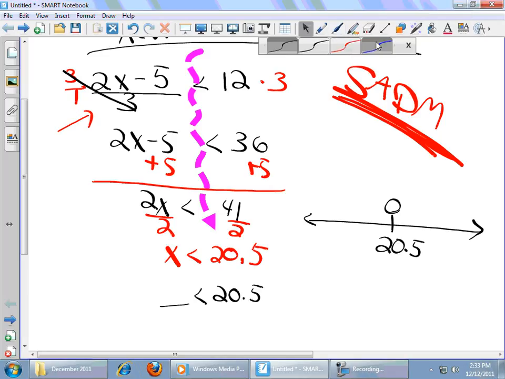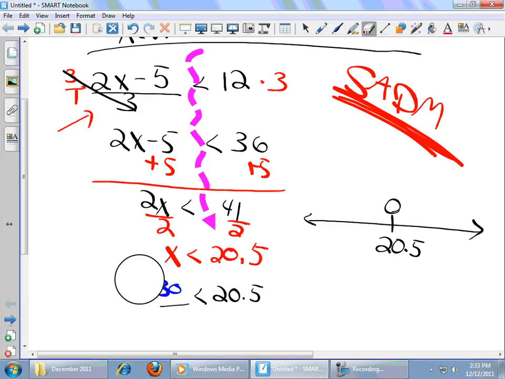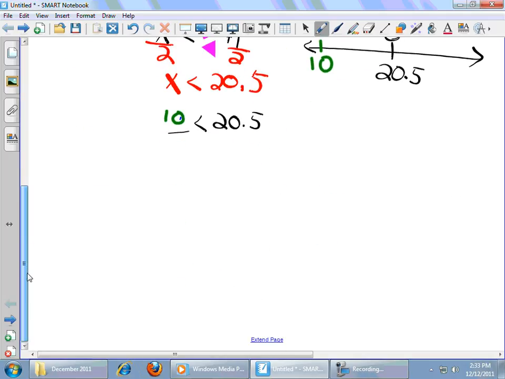I need a number less than, let's see, is 30? No, 30 is not less than 20.5, so that's not the number I want. How about 10? Yeah, 10 would work. 10 is less than 20.5. Where would 10 be on the number line? I think it would be to the left of 20.5, so I will shade towards 10. There we go.